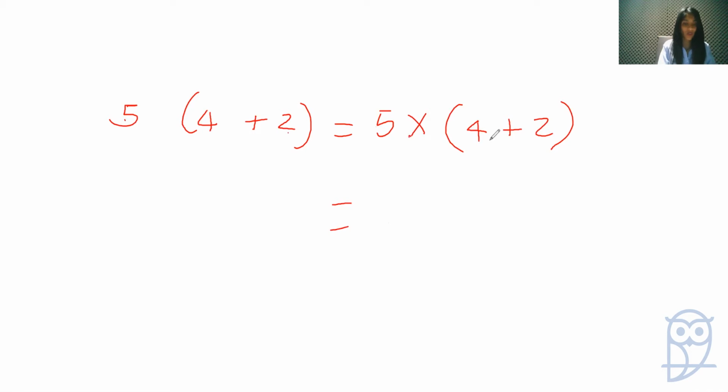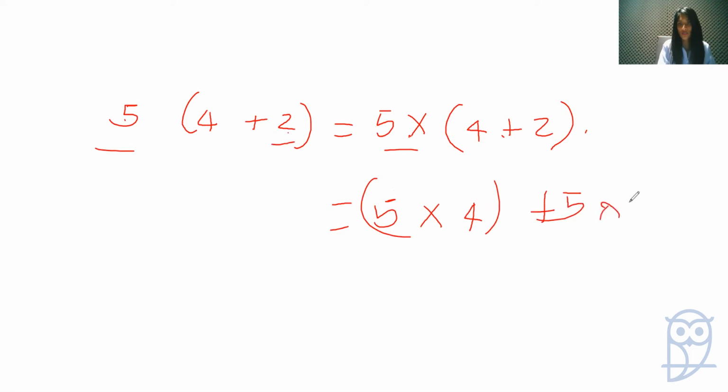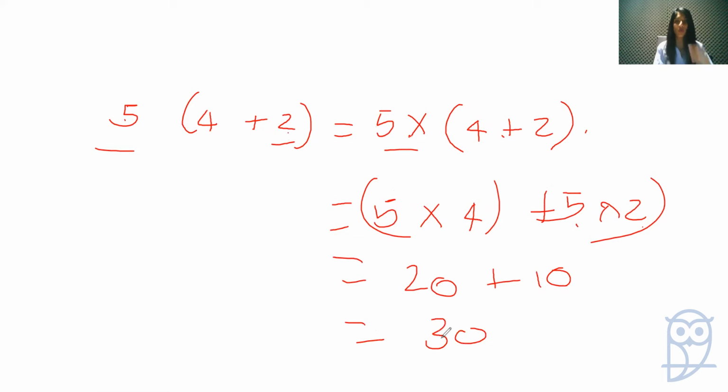So I'm going to start with the 5s. I'm going to say 5 times 4 plus 5 times 2, and 5 times 4 is 20, and 5 times 2 is 10. Therefore, my answer will be 30.